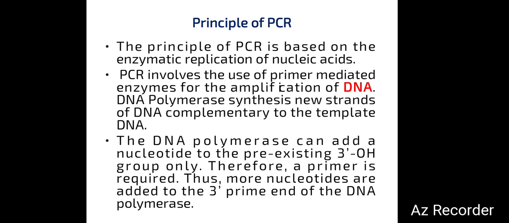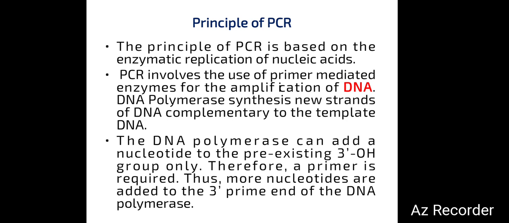In this process, DNA is copied using an enzyme called DNA polymerase. This enzyme builds a new DNA strand complementary to the template strand. But DNA polymerase cannot start on its own because it needs a primer.